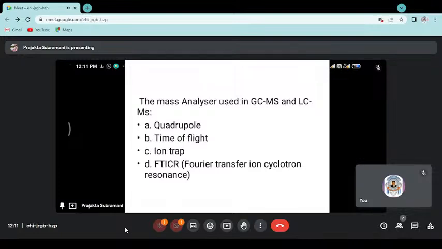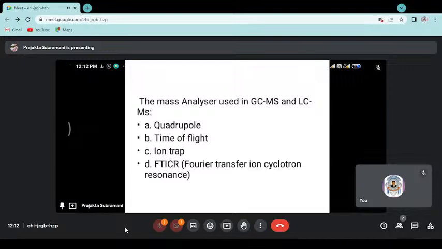These opposite rods are charged with opposite charges, that is, positive and negative direct current potential, and at the same time a radio frequency is applied across the rods. So there are oscillations of radio frequency alternating current voltage superimposed, meaning there is an oscillation of this DC potential and radio frequency.